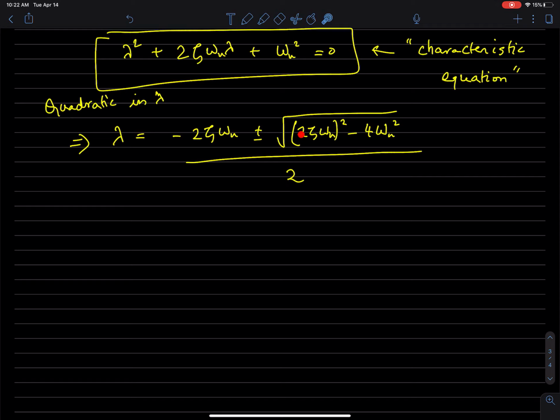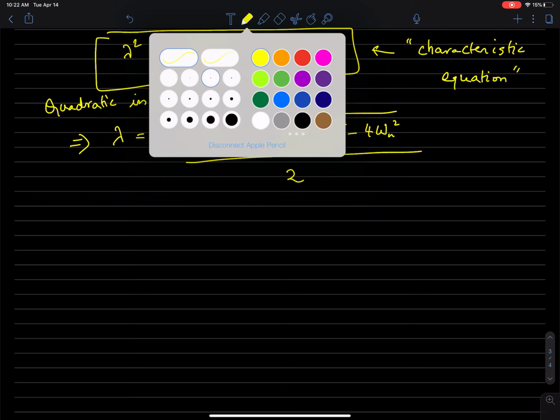There is a 2 square here, which is 4. You can bring the 4 out of the square root and it becomes 2. So the 2 actually gets canceled throughout.